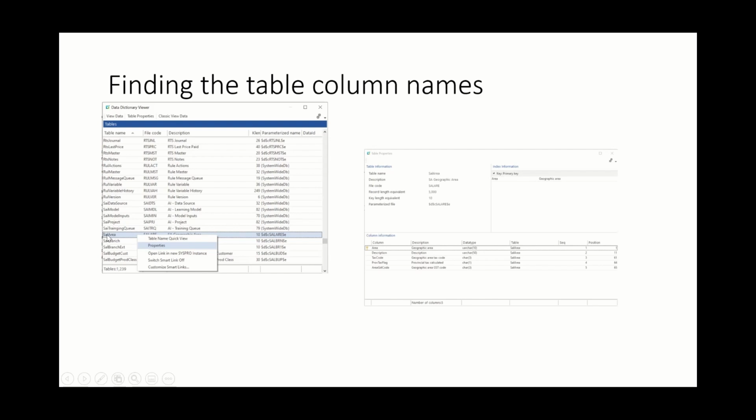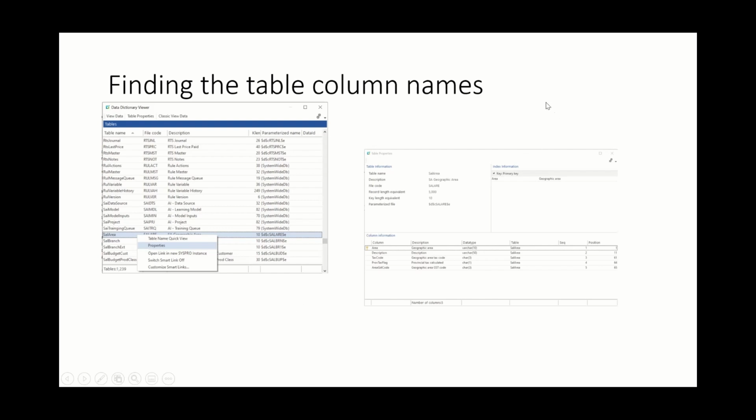If we pick SAL area and click on the little arrow at the end of that column, click on properties, we'll get this screen here. And here we've got the column names. So we have area, which is the geographical area key, and the description, which is what we want. So that's how I managed to work out the SAL area table name and the column names.